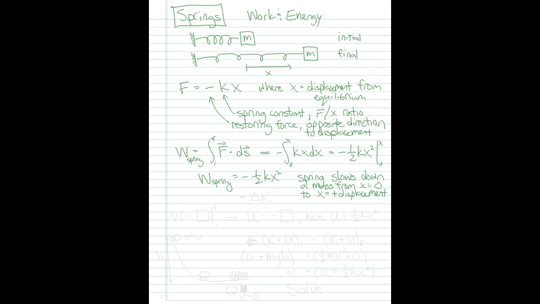So we can say that the change in the kinetic energy is therefore this work. Remember too that any time we find a work is equal to some function of initial and final, then we can define a potential energy as the negative of that function. So for this case, that means that the potential energy is 1/2 kx squared.